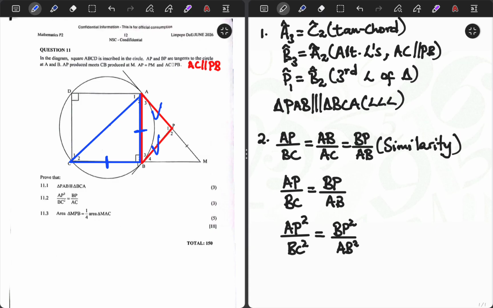Let's not forget that when we look at this triangle, AC squared equals AB squared plus BC squared. BC is the same as AP, we know that.